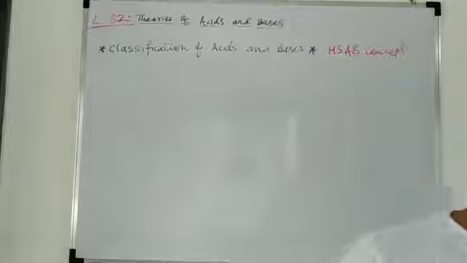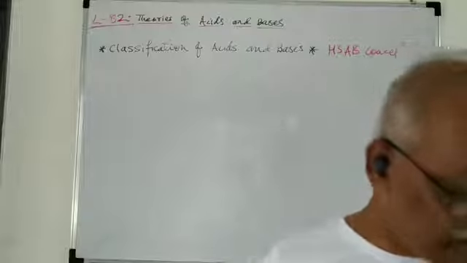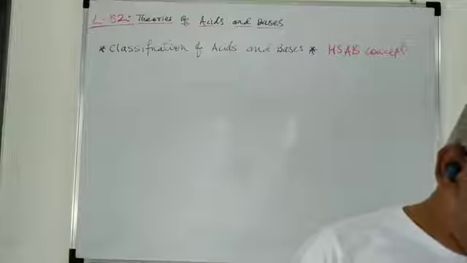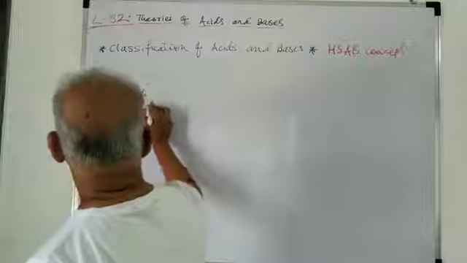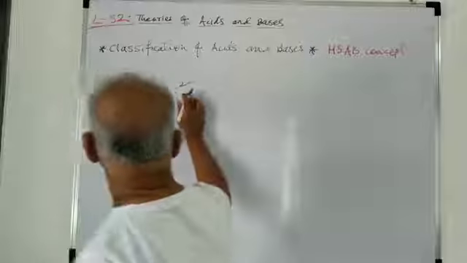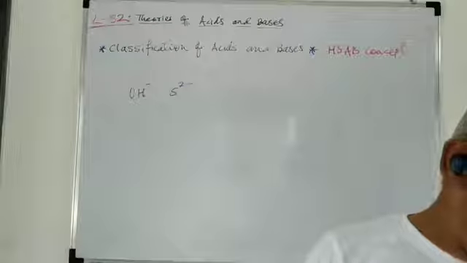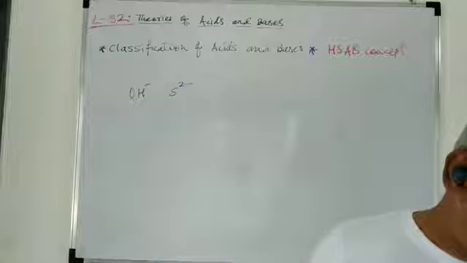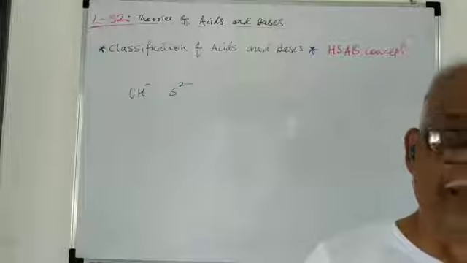If we consider a question like this: which of OH minus or S2 minus forms insoluble salts with +3 oxidation state transition metals?